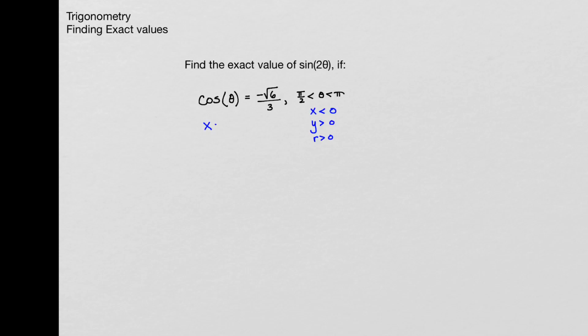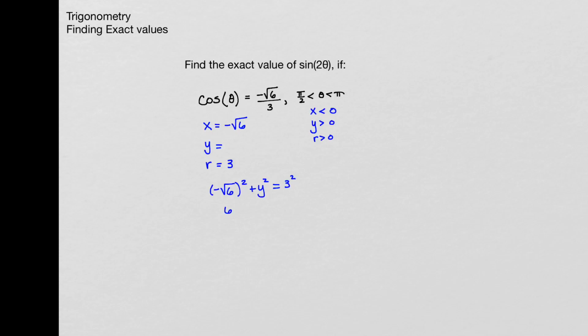So we know that x is the negative square root of 6, and we know that r is 3, and that leaves y. So I can find y using the Pythagorean theorem, as we always do, and so I take negative square root of 6 and square it, plus y squared equals 3 squared.